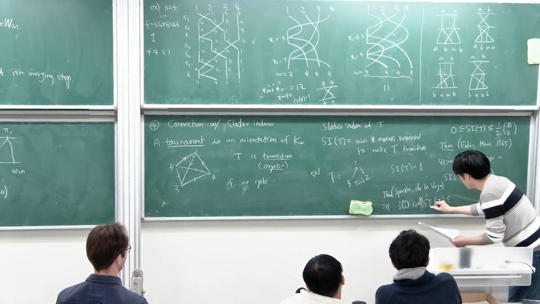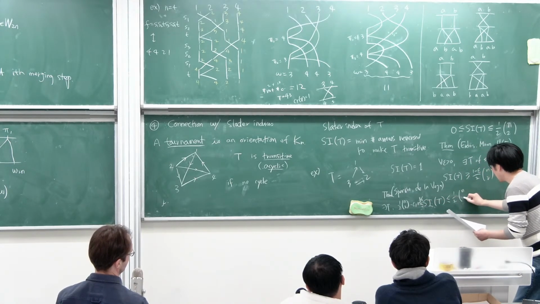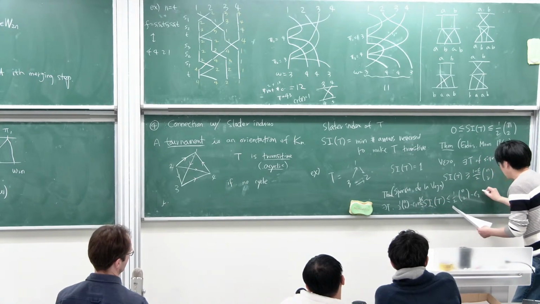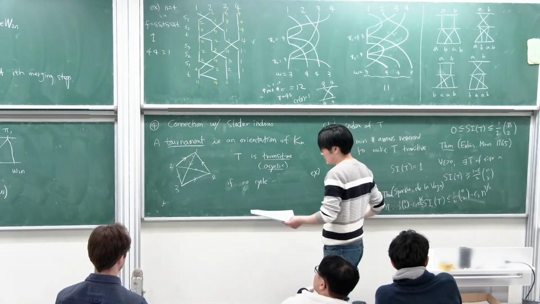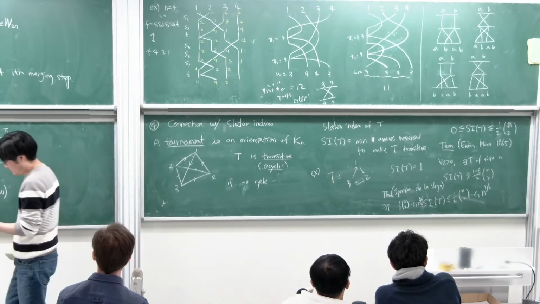Oh yeah, 1 over 2. So it's almost like this for some constants. This is the right order with the right constant factor 1 over 2.